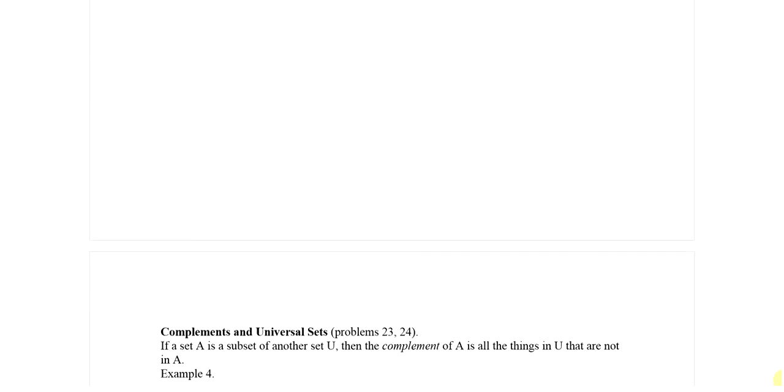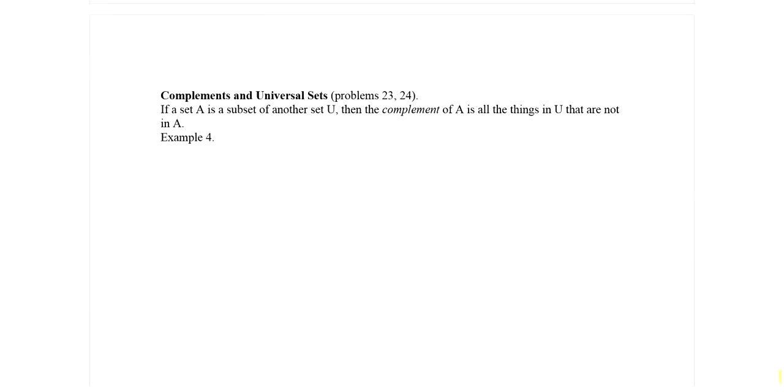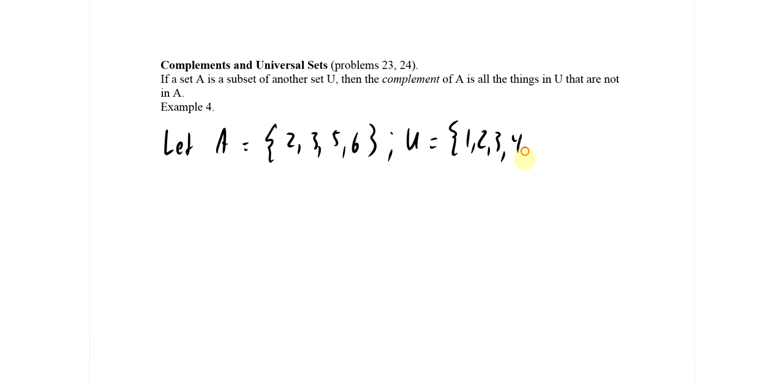Okay. Complements and universal sets. So if A is a subset of some other set U, then the complement of A is all the things that are in U that are not in A. So let A be, well, we'll just stick with our same set, 2, 3, 5, 6. U equal to the set of numbers 1 through 10, integers 1 through 10.